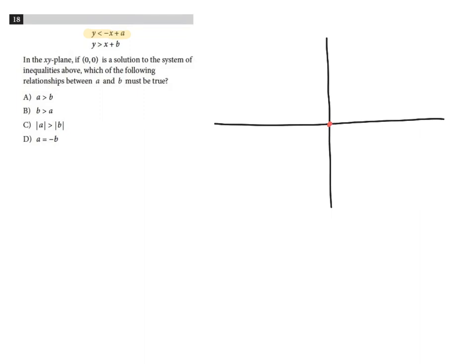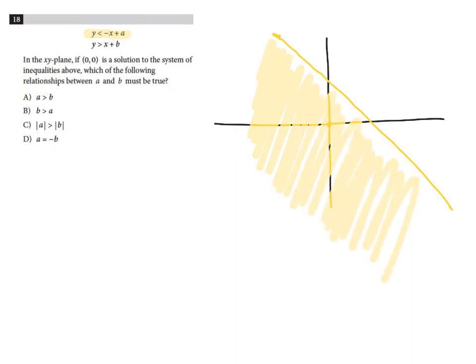Well, if 0, 0 is a solution, that has to be part of our shaded region. So this must have a negative slope above 0, 0. Okay? Because if we're shading below the line, 0, 0 has to be in that shaded region. Also, the second one, we're shading above the line.